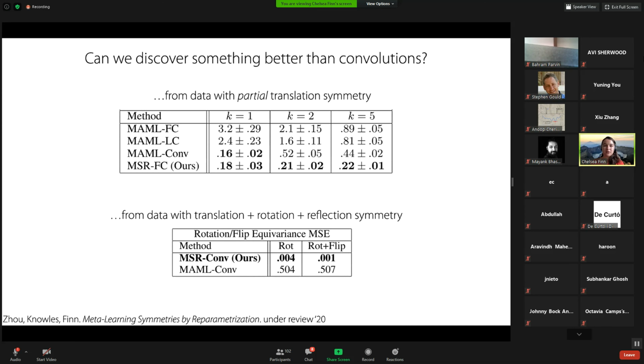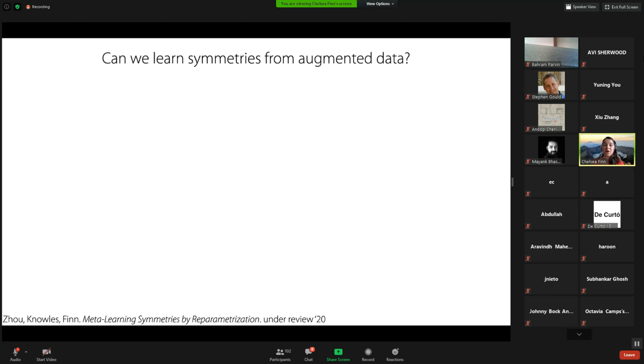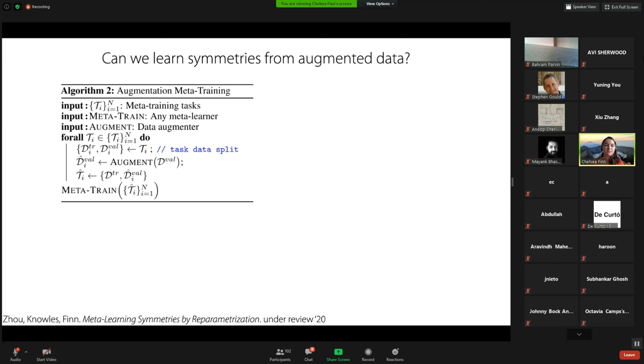The last experiment we wanted to look at is if we can learn symmetries from augmented data. Essentially, if we can learn in a way that bakes the augmentation into the neural network itself, bakes those symmetries into the architecture. To do this, we have a very simple algorithm where we have a set of meta-training tasks, any sort of meta-learner, and a data augmenter.